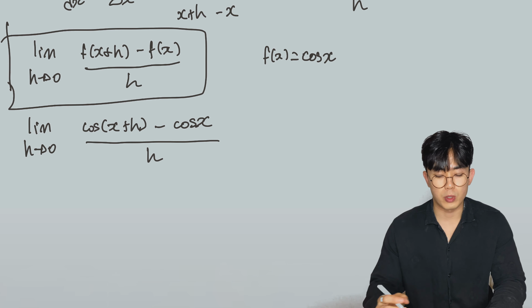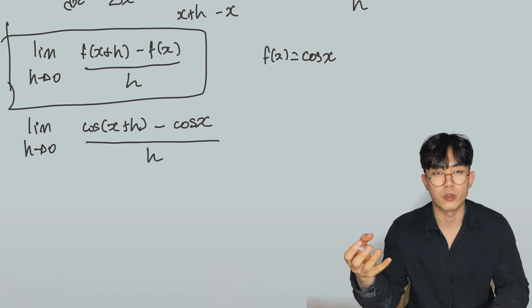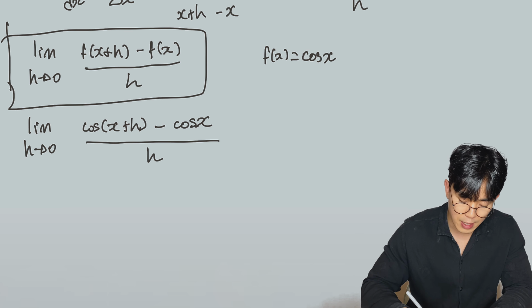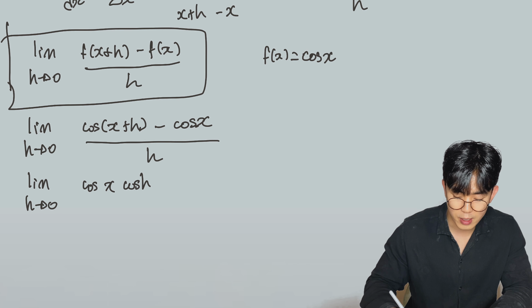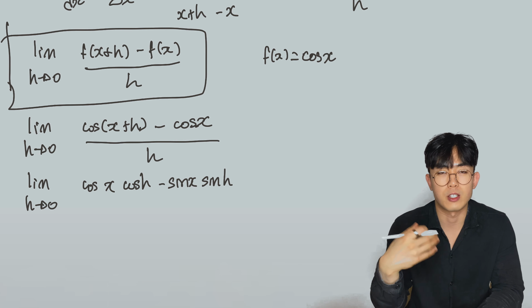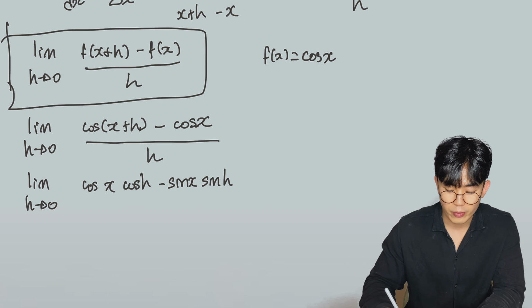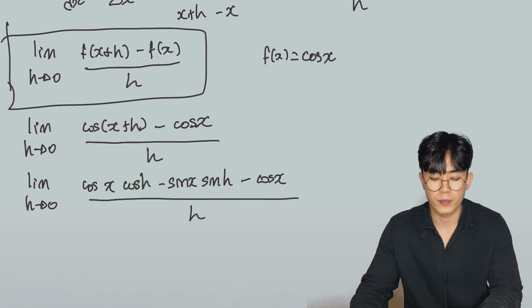What we can do now is we have this cos of x plus h, right? And we learned in trig that we can use the compound angle formula to expand it. So this I can say is cos x cos h minus sine x sine h. If you guys have forgotten about this one, maybe go back to a different video and try and refresh your mind. And we have minus cos x, over h, like so.